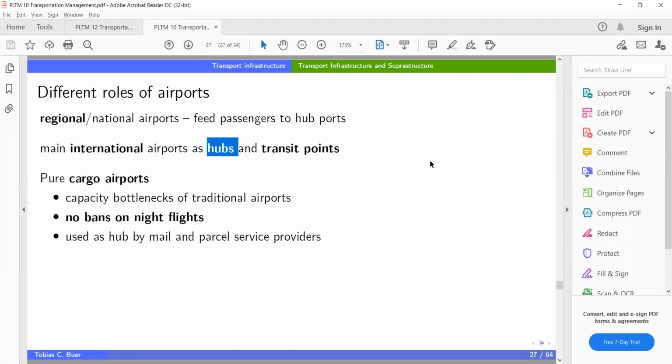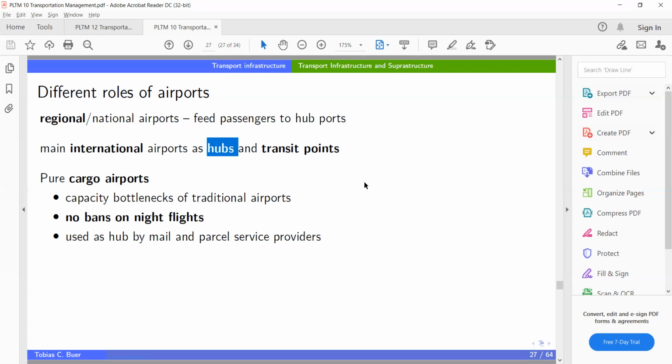And by following this model, we usually are able to reduce the transportation costs significantly. So you should be able to explain what is a hub airport, what is a regional airport, and what is a cargo airport.